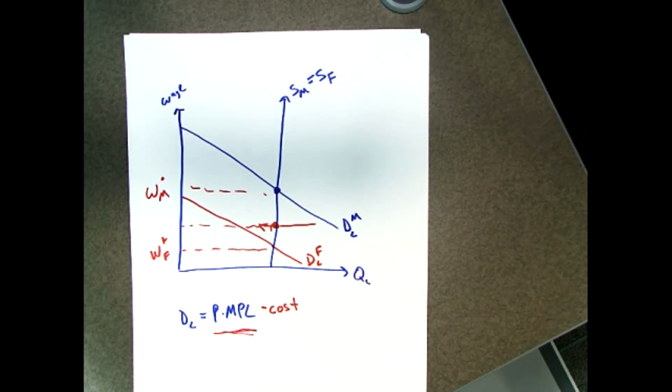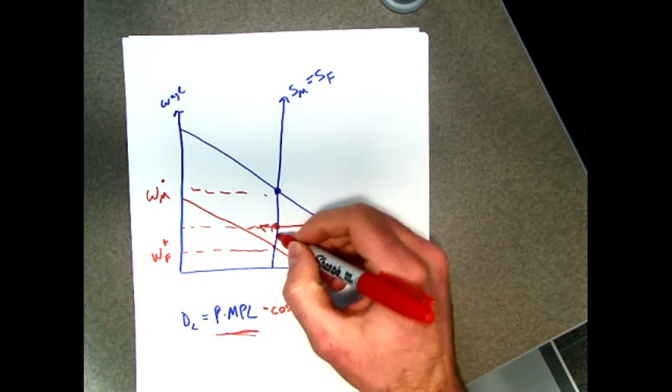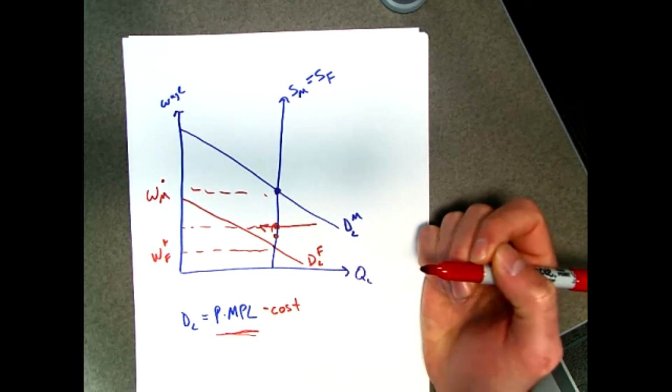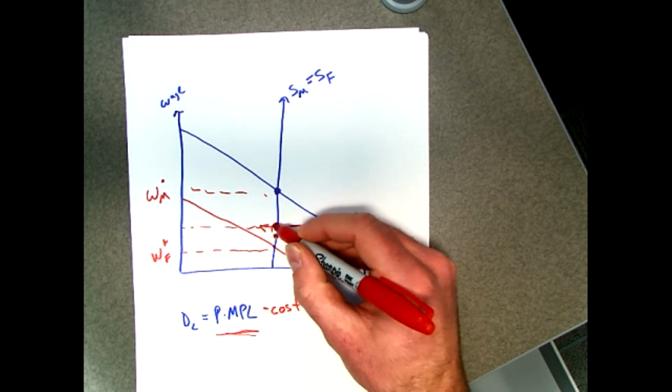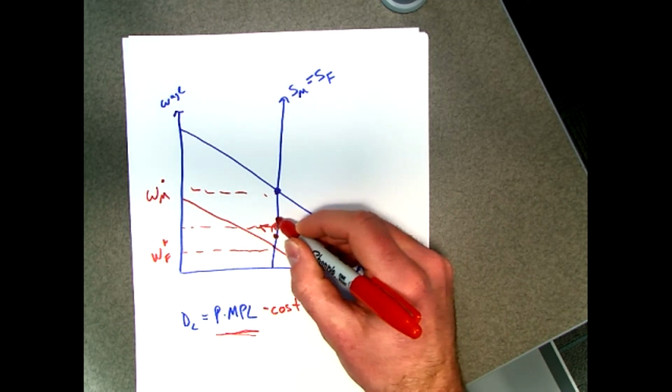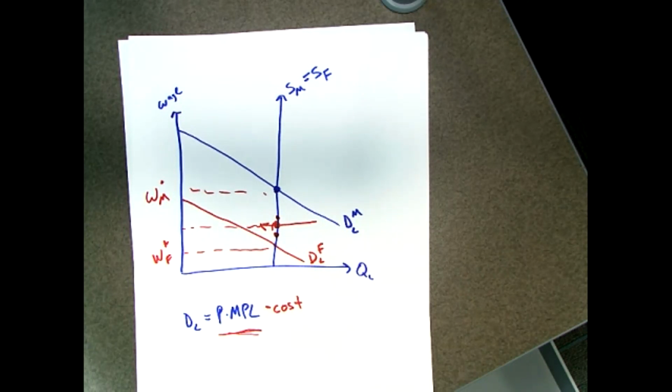But what if there's two other companies that aren't discriminatory? If the one non-discriminatory company offers this wage, what's the other one going to do? Slightly higher. And then what's the other one going to do? Slightly higher. It's almost like we go back to those oligopoly models.